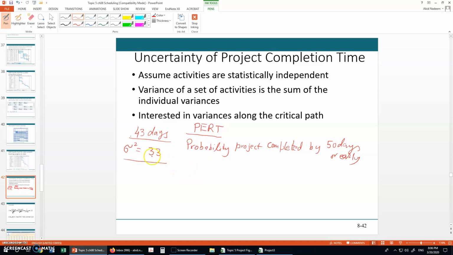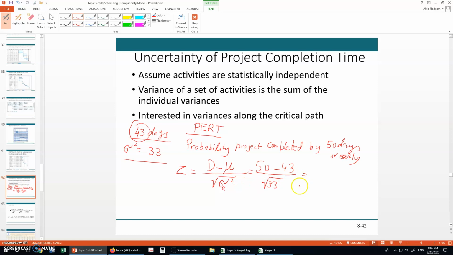For this we will calculate a function called z. This function z is calculated as d minus mu over the square root of sigma squared, where d is equal to 50 days, mu is the duration along the critical path, divided by the square root of 33.